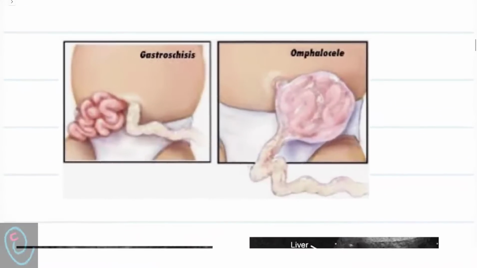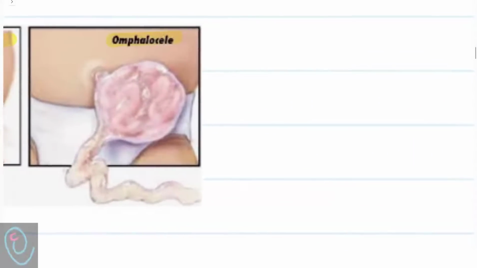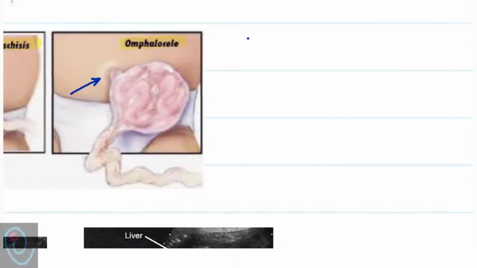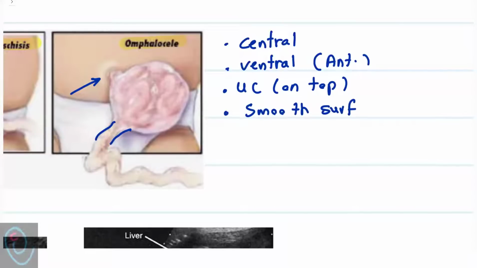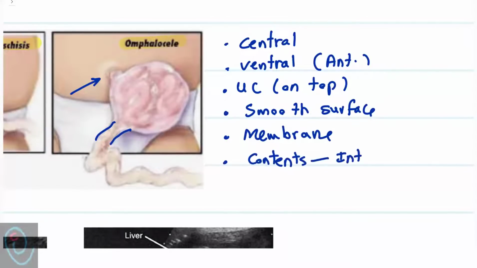The two important examples are omphalocele and gastroschisis. Omphalocele is central and ventral, through the anterior abdominal wall, with the umbilical cord, as you see here, on top of the mass. It has a smooth surface, it is covered by a membrane, and it contains intestine and liver. Liver is present in 50% of cases.